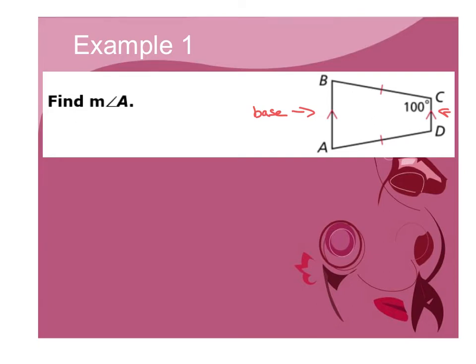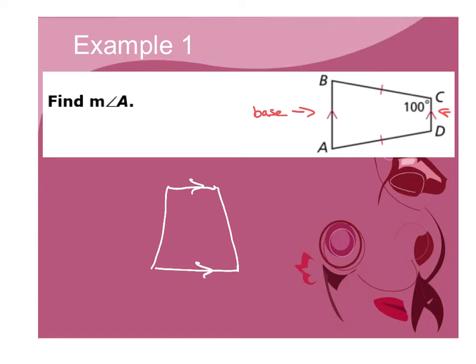Just remember, it may not be presented to you sitting on its base. So let's say I flip it over. I'm not in Notability, so my picture is not very good here. Here's my trapezoid flipped over, now sitting on its base.